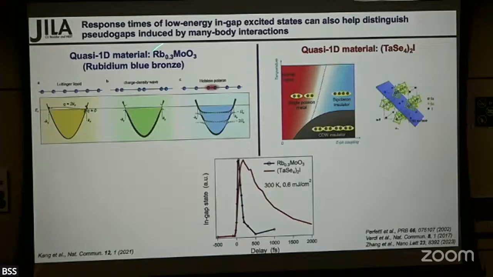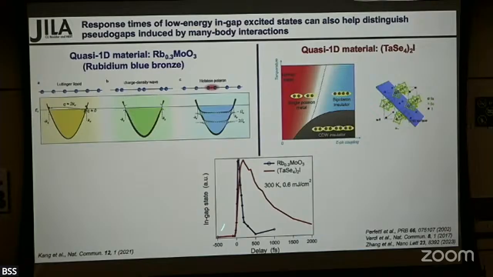For this other material, RMO, it had a super fast population and decay of the in-gap states. So immediately we knew this is not, it had been postulated to be a polaron ground state. We knew immediately it cannot possibly be true.